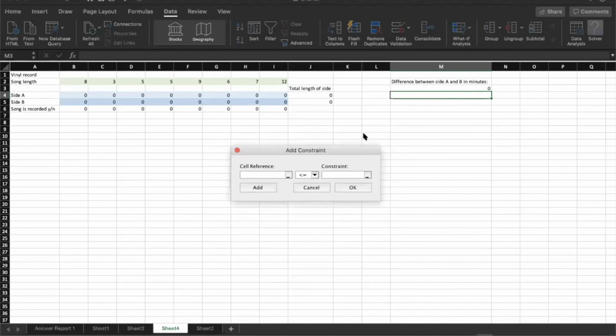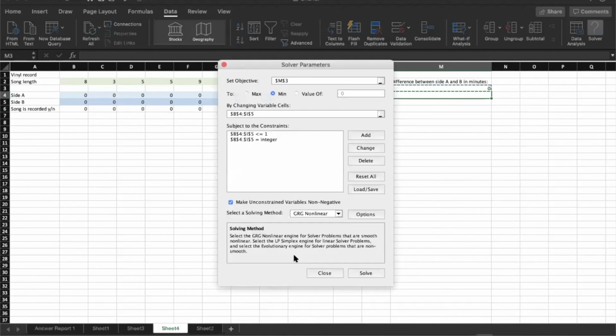We needed to select them as integers and also select them as less or equal to 1. That's what I'm doing right now, so I'm doing both steps while I'm talking. So I select them to be integers and also to be less or equal to 1.